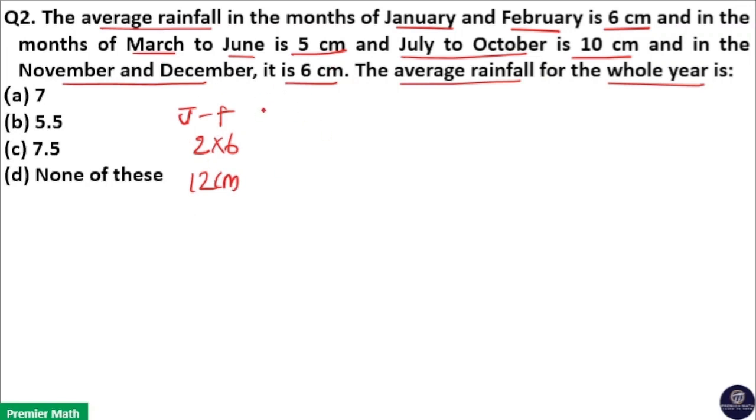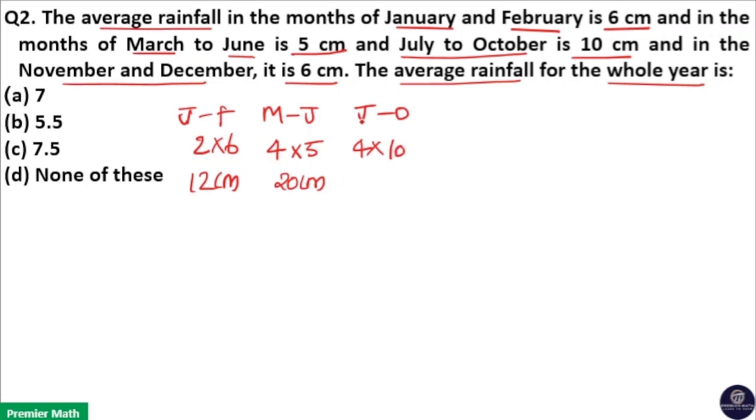Again, from March to June there are 4 months, and for each of the 4 months, 5 cm is the average rainfall. That means 4 into 5, 20 cm is the total rainfall from March to June. Again, from July to October, there are 4 months, and for each month average rainfall is 10 cm.